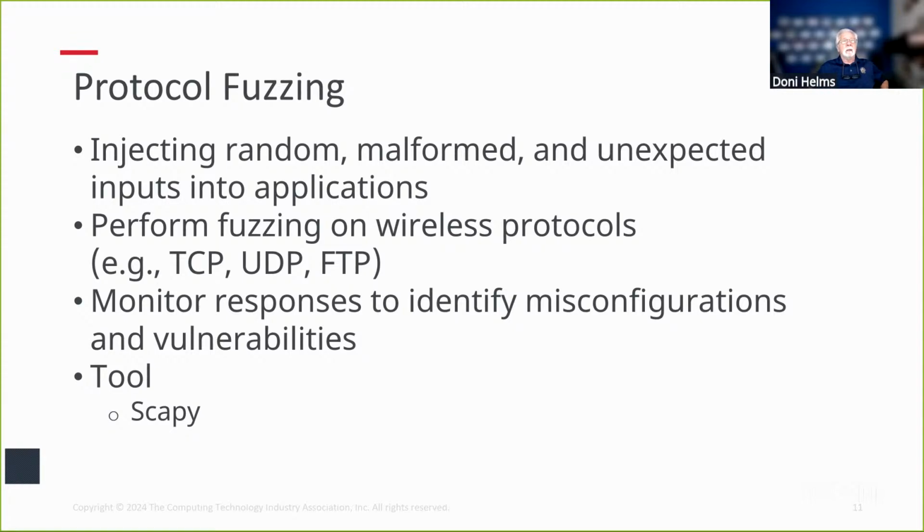Tools like SCAPI and Kismet and a couple of the other tool suites that we've talked about here, Aircrack-NG products, do a really good job of deep-dive identifying vulnerabilities that are mainly through misconfigurations on wireless access points, the WAP devices themselves.